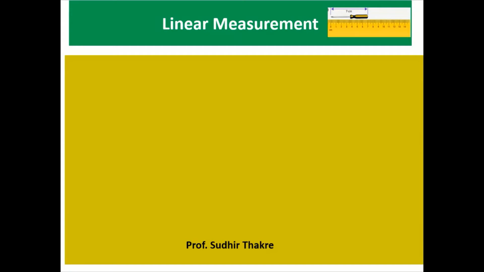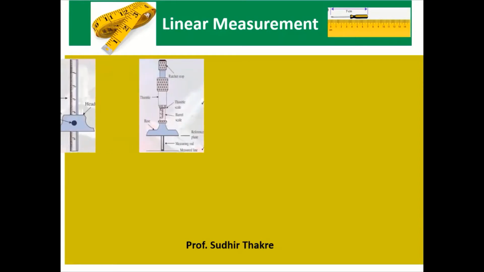Most people's first contact with linear measurement is with a steel rule or a measuring tape. However, today's engineer has a wide range of instruments to choose from, right from the mechanically operated instruments to the digital electronic instruments.